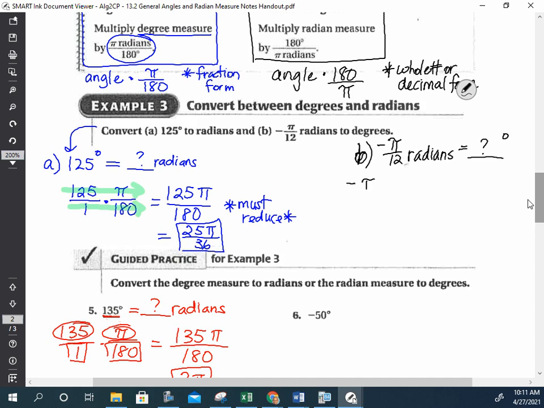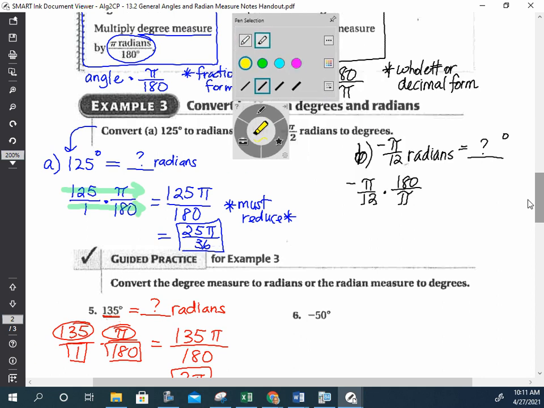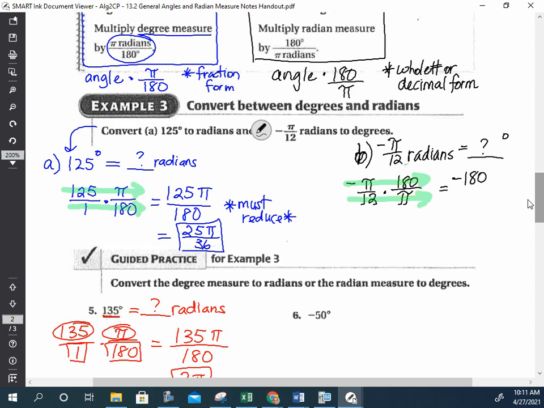So you take negative pi over 12 and multiply it times 180 over pi. Just like last time, you're still going to multiply straight across. So it's negative 180 pi over 12 pi.